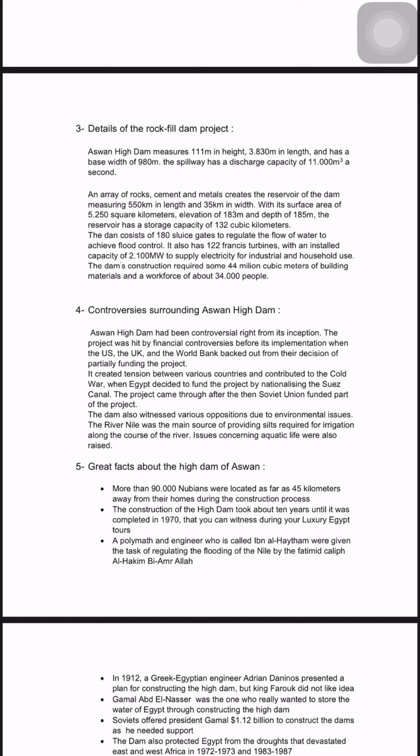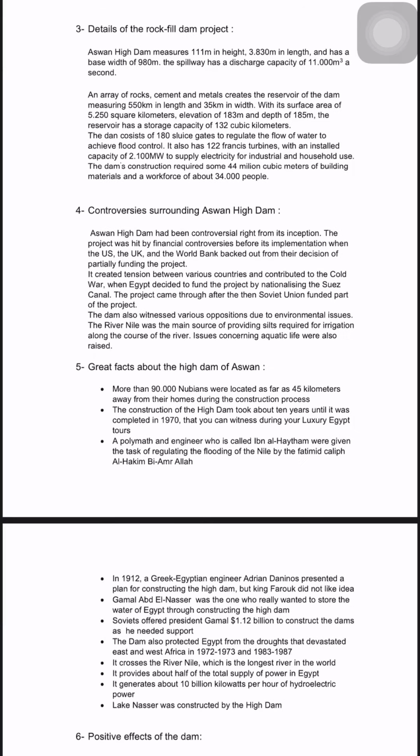Controversies surrounding Aswan High Dam. Aswan High Dam had been controversial right from its inception. The project was hit by financial controversies before its implementation, when the US, the UK and the World Bank backed out from their decision of partially funding the project.